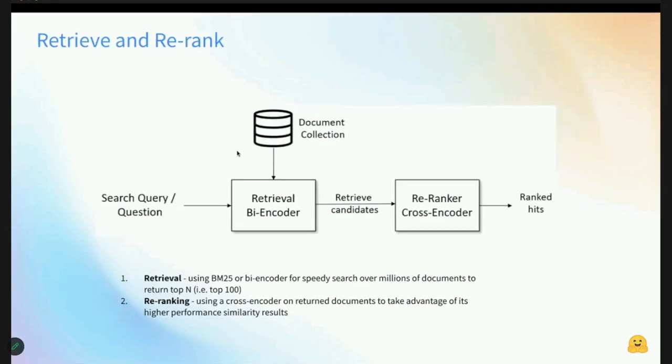And so a common workflow is to combine both of these, get the best of both worlds, where you use some type of either a bi-encoder or even BM25, like a traditional method, to basically take your large corpus of maybe call it 1 million documents and do a good breadth search first and return back for a given query maybe the top 100 or the top 50 most similar documents as determined by semantic similarity, and then re-rank those in a separate stage of the pipeline using a cross encoder to get just the top 5 or the top 3 best hits.